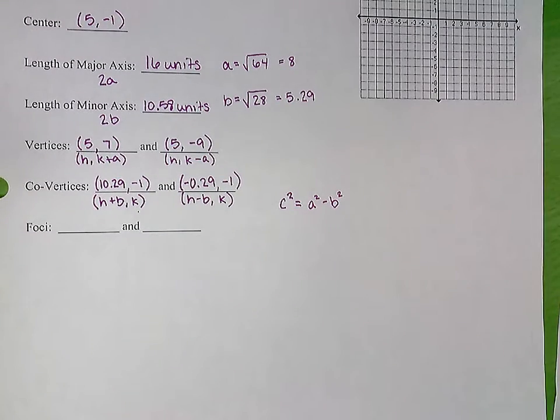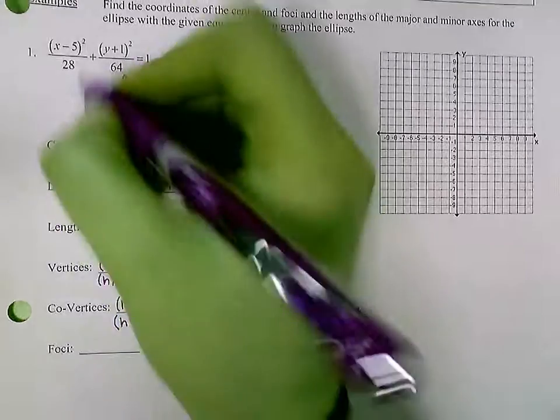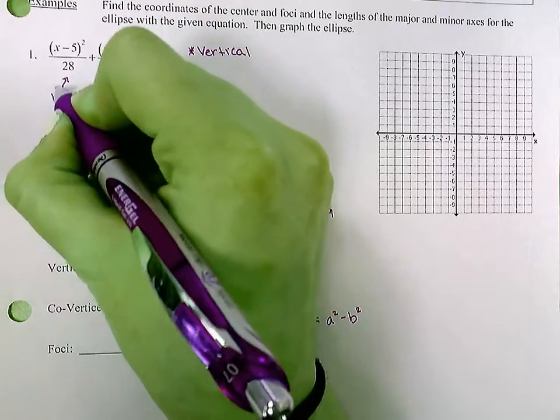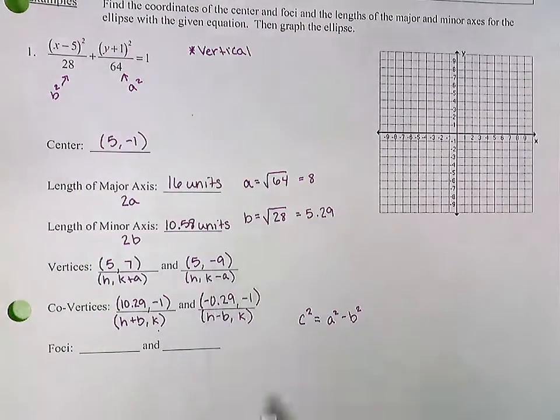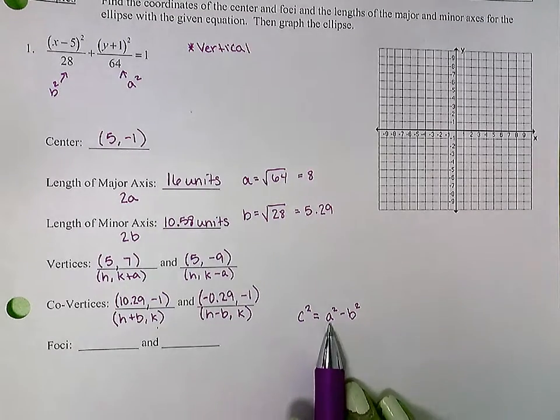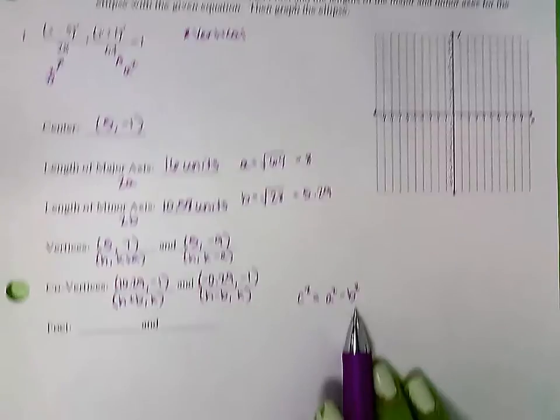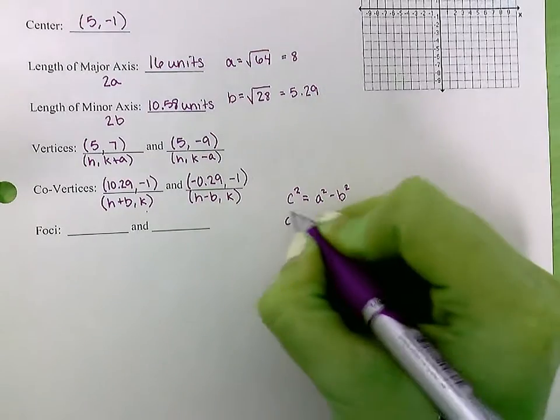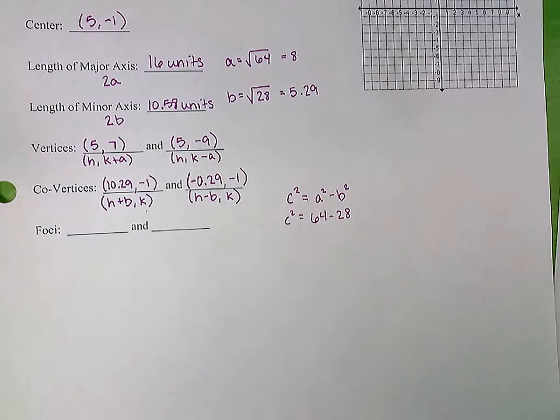It's not the Pythagorean theorem, something else. I already know what a squared and b squared are. They're already up here. So for a squared, that's 64, and for b squared, that's 28. So I have c squared is equal to 64 minus 28.